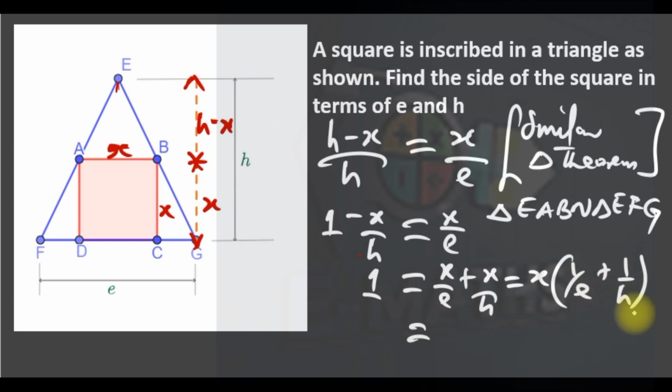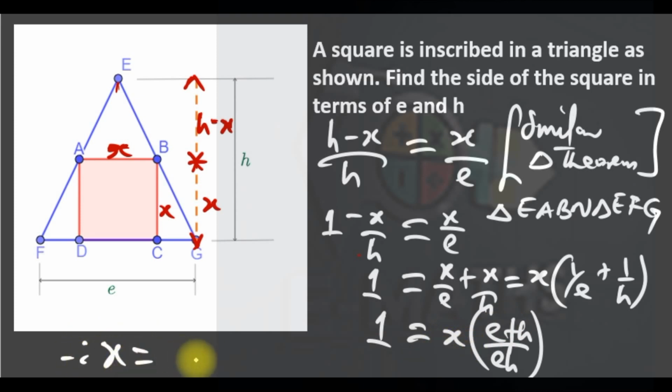If you simplify this, we have e plus h over eh. Making x the subject of the formula, therefore x is eh over e plus h. So that's how we got the formula. Once a square is inscribed in a triangle and you are given the height and the base of the big triangle, the side is just the product of the height and the base over their sum.